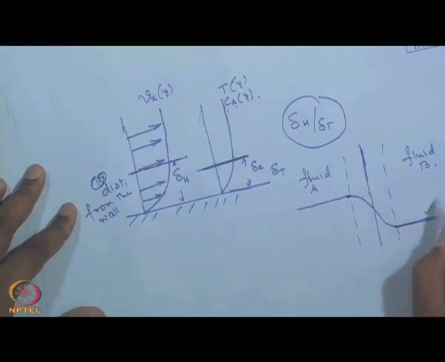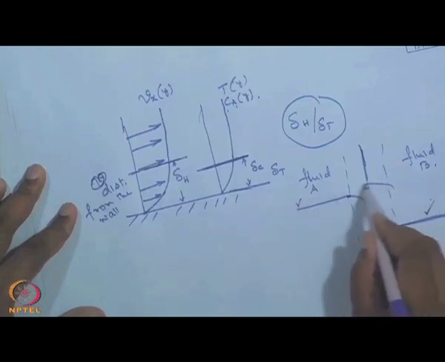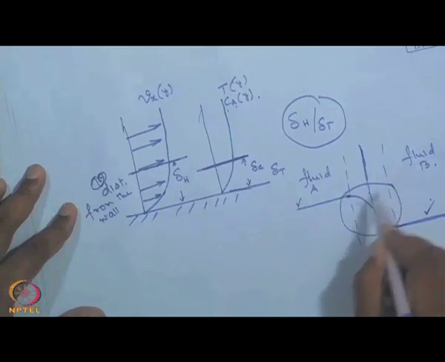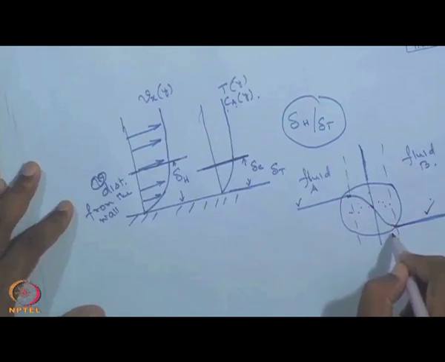So, this will be the bulk temperature or bulk concentration of B and that of A, but near the interface there would be two films on either side of the interface where the change in temperature or change in concentration takes place.